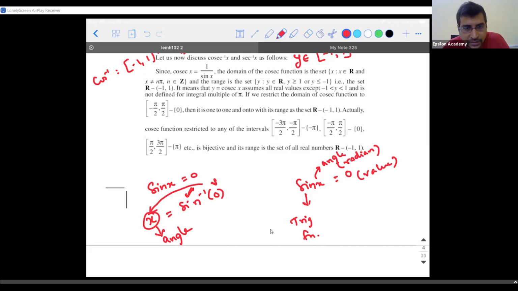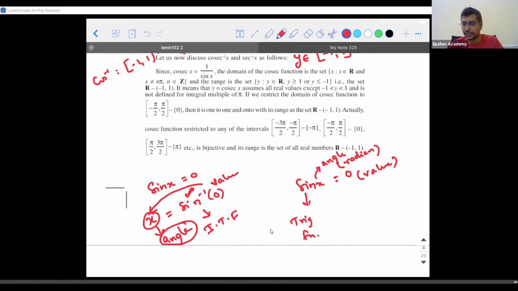Guys, are you able to understand? Yes, sir. For an inverse trigonometric function, what should be the input? Value. For an inverse trigonometric function, the input should be a value and the output will be an angle in radian.